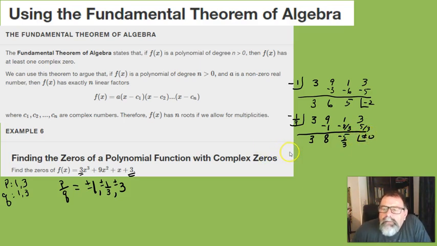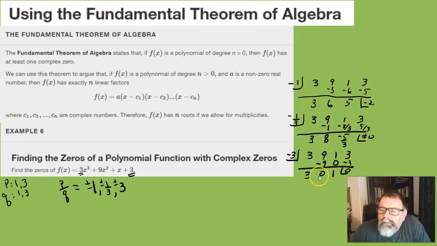Okay, so now I'm going to try negative 3. So 3, 9, 1, 3. Negative 9, so that's 0. Negative 3 times 0 is 0. 1 times negative 3 is negative 3.